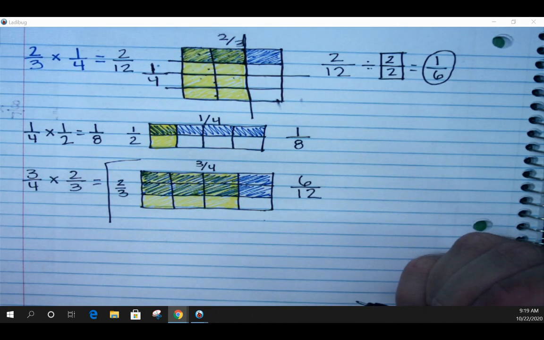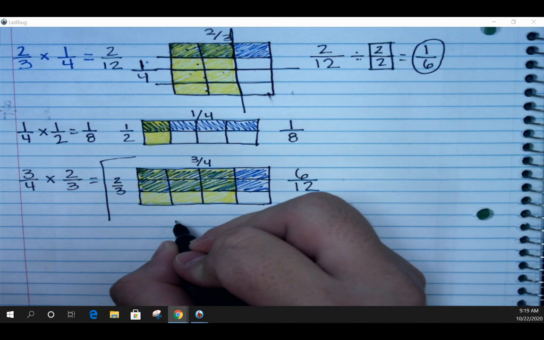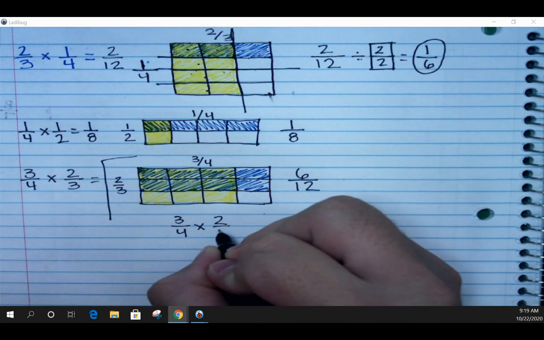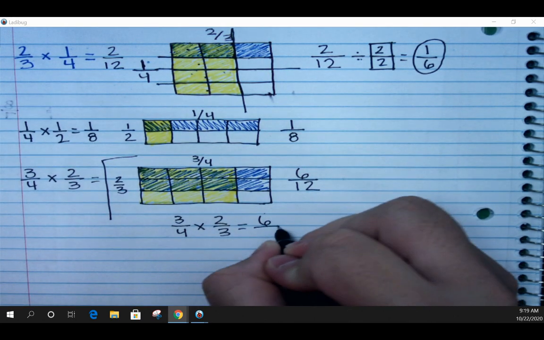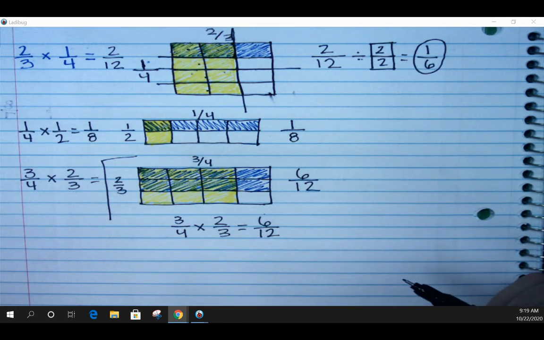You can simplify that to 1/2. I can, but I want to see if what you said works. He says 3/4 times 2/3 is 6/12, which is what we got here.